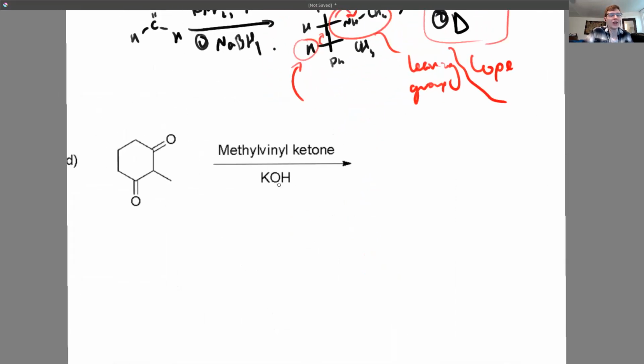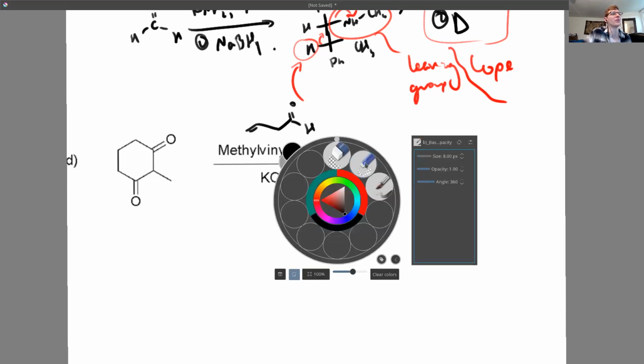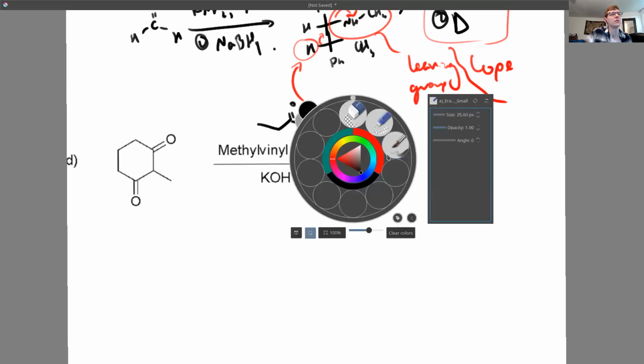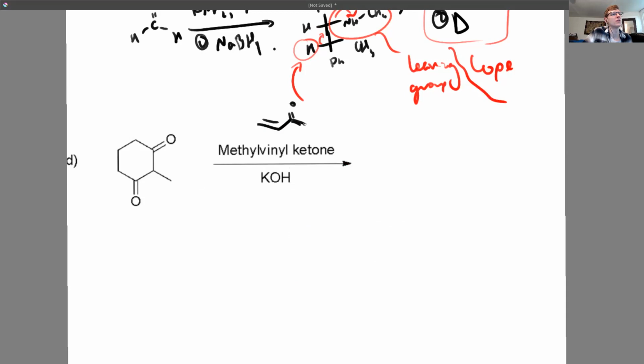Methyl vinyl ketone and potassium hydroxide on this thing. So remember, this is methyl vinyl ketone. Is it? No, this is totally not methyl vinyl ketone. I just drew some garbage up. That's methyl vinyl ketone, I think. It is, yeah. So that's it, and then potassium hydroxide.